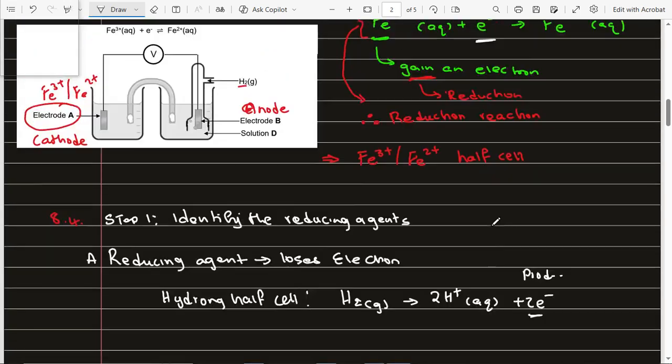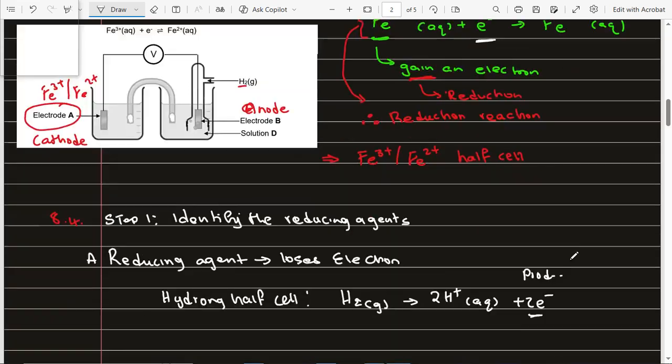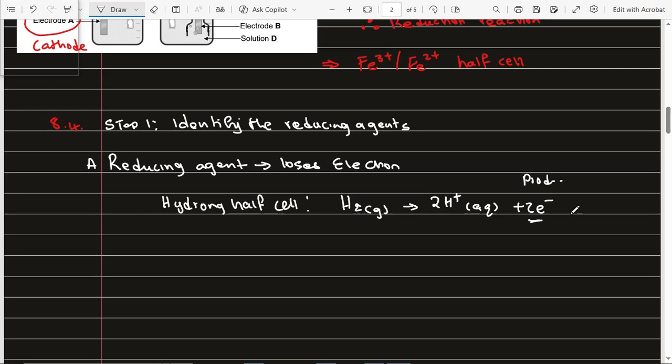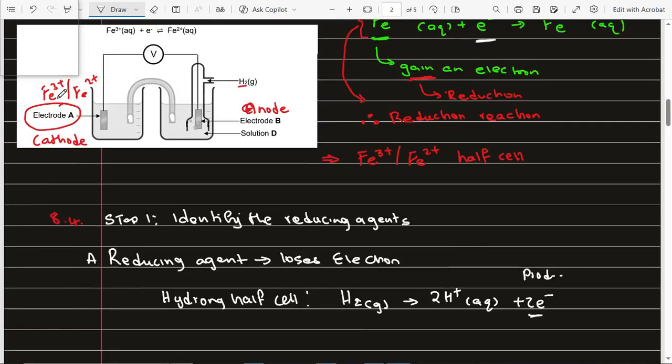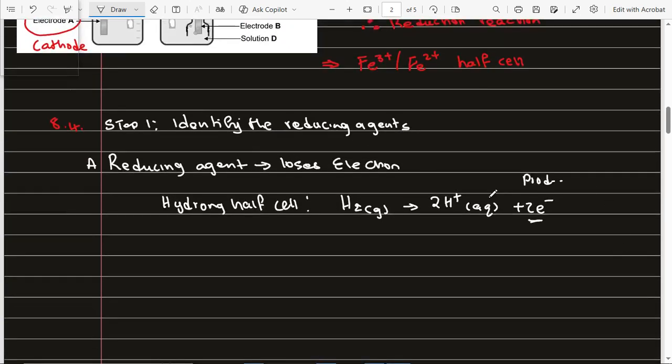If you gain electrons, the e- will be on the reactants. If you lose electrons, the 2e- will be on the products. So since electrode A is that reaction, for the hydrogen one we should write it like this, because it loses electrons.